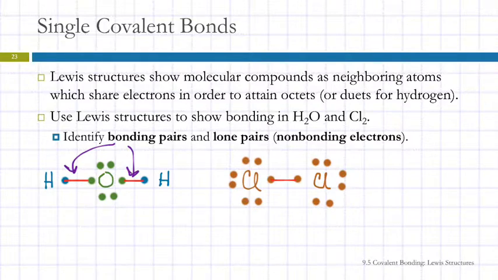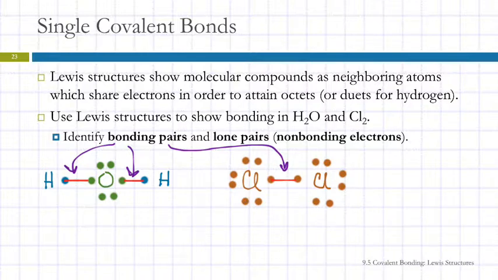How many bonding pairs are there in this chlorine? Just one, right? The one bonding pair. There are other electrons there that are not involved in bonds. And these are called lone pairs because they're by themselves. It's a pair of electrons that's not being shared between two. It's just on a single atom.